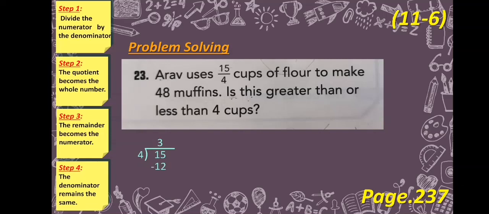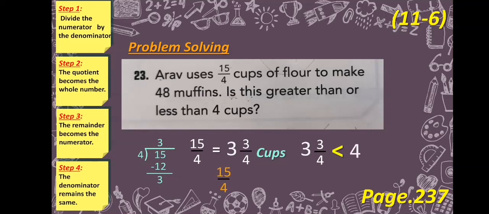Let's subtract: 15 minus 12 equals 3. So 15 over 4 equals 3 and 3 over 4 cups. Since 3 and 3 over 4 is less than 4 cups, 15 over 4 is less than 4 cups.